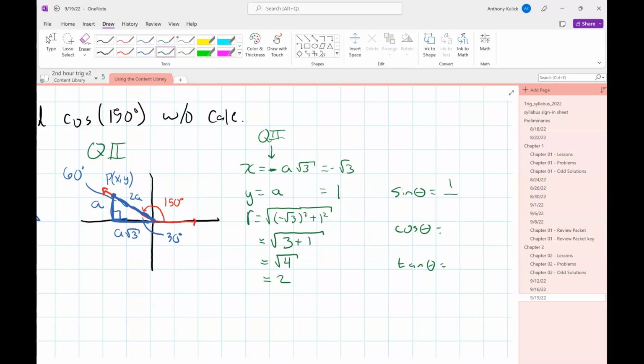So 1 over 2. Cosine is going to be x over r. Tangent is going to be y over x. But we don't love the way that looks. So we'll rationalize our denominator.